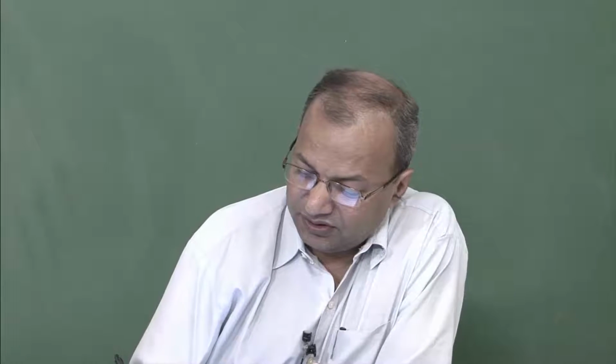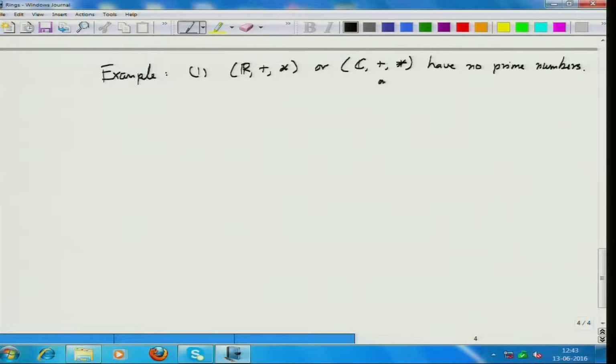I mean, in the ring of reals, there are no primes. The ring of complex numbers, there are no primes. Similarly, ring of rational numbers, there are no primes. And the reason is the same in all three of them, that the division is available completely. So you can divide any number by any other number and get a third number.